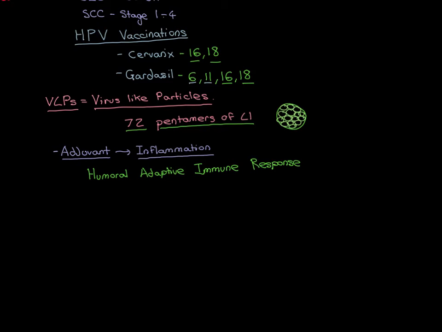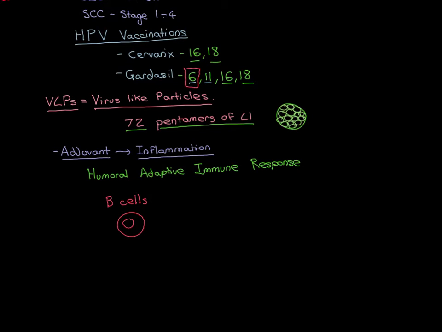So what you'll get is the activation of B cells. So I'll just draw a little picture here. B cells are crucial in this. So this picture can represent a B cell. Here's its nucleus. And these B cells that are going to be activated will be ones that have a design of antibody that is capable of binding to the L1 protein. So let's say we vaccinated you with the Gardasil vaccine, and let's follow the humoral adaptive immune response against the HPV6 type.